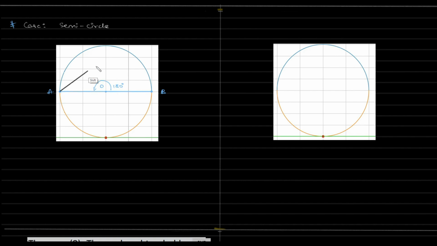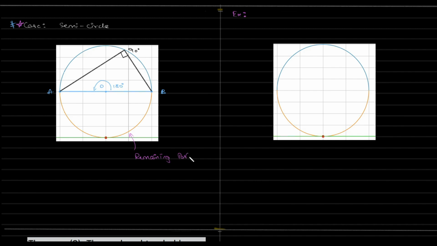Now, if we talk about the angle subtended by it with the circumference, how much will that be? This will be 90 degree. This is the difference. So this is 180 and that's 90. Okay, so this is a special case and you guys have to know this. So to end with, right, okay, let me actually write this. So in this case, the remaining part can be both the sides.